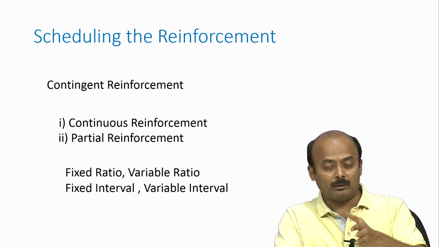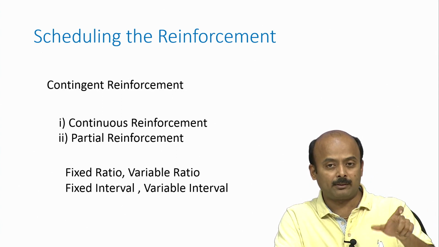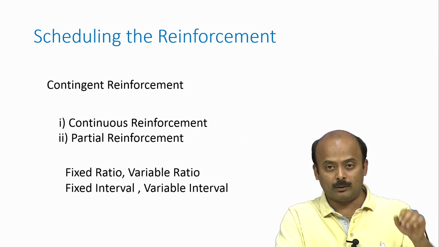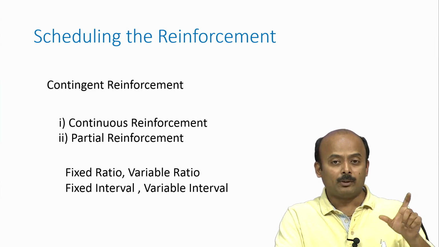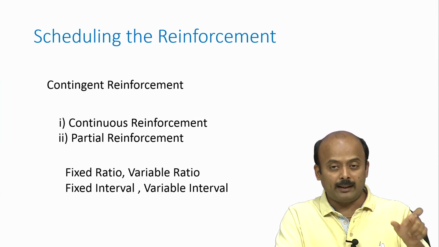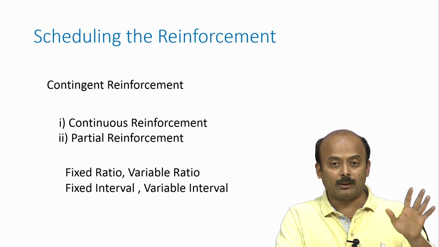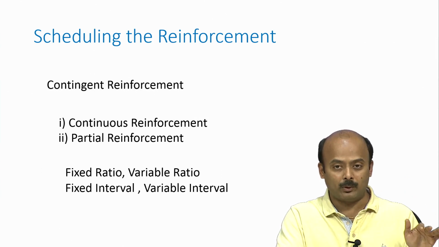He would set that fraction x by the total number of responses he is expecting. As long as that x number has happened, he is going to give the reward. Until that x number happens, no reward. So, that is called a fixed ratio.